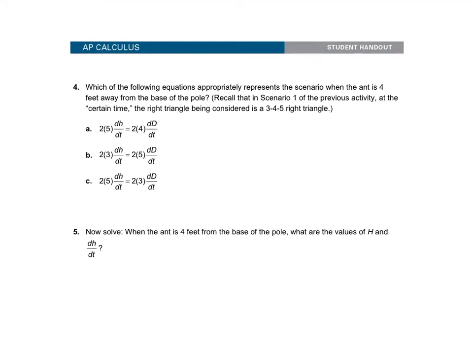Okay, which of the following equations appropriately represents the scenario when the ant is 4 feet away from the base of the pole? Recall that in scenario 1 of the previous activity, at the certain time, the right triangle being considered is a 3, 4, 5 triangle. Okay, so we already know the original equation was h squared equals 3 squared plus d squared.